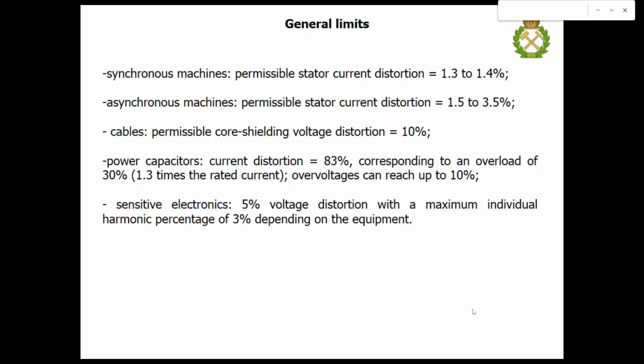Also, for power capacitors, current distortion 83%. And overvoltages can reach up to 10%. Also, for sensitive electronics, voltage distortion should be no more than 5%, and maximum individual harmonic percentage no more than 3%, depending on the type of such sensitive equipment.